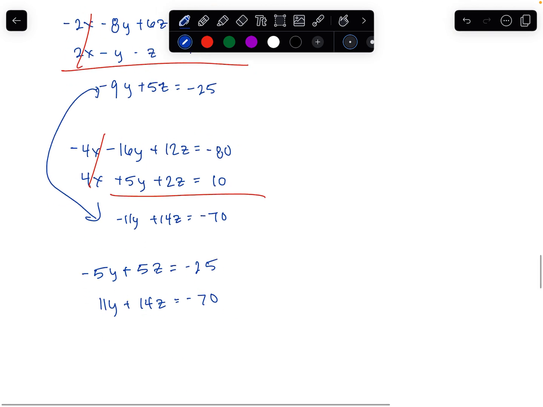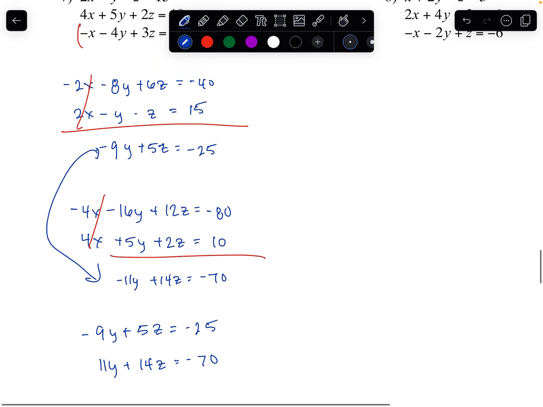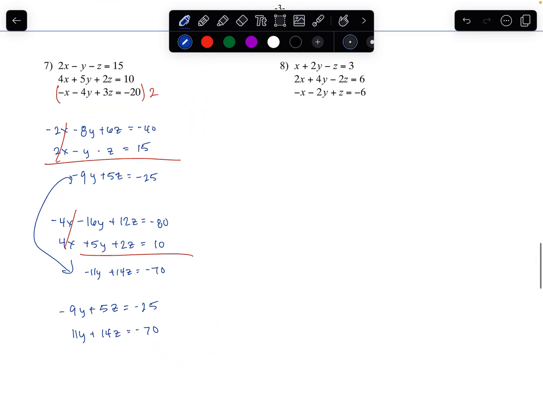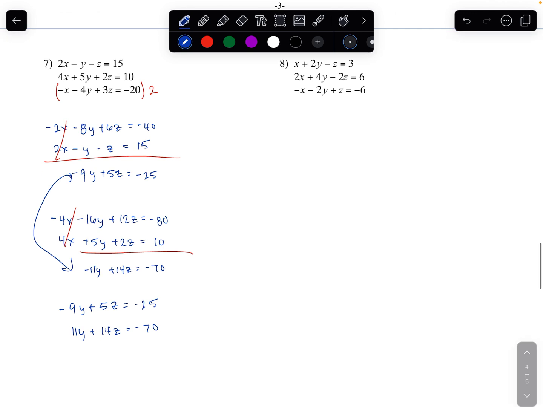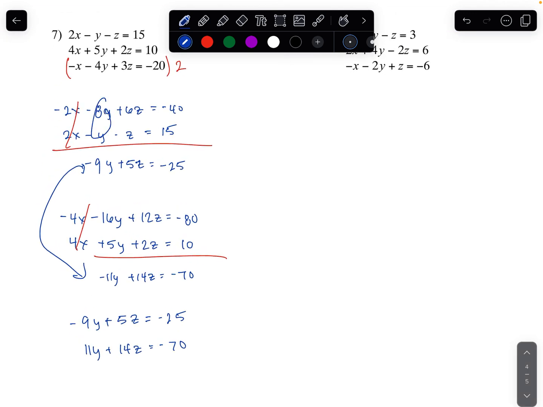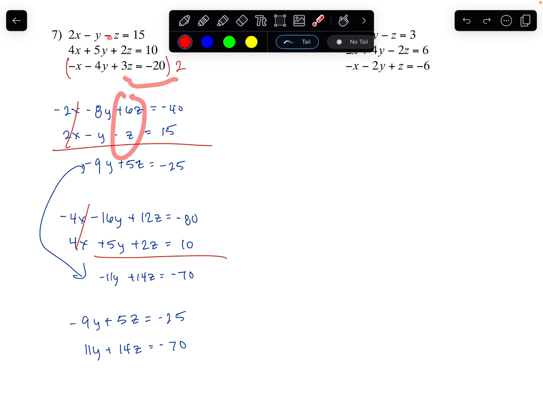Negative 9y. Whew. So sometimes when you see large numbers, maybe you did something wrong. That's negative 9y, right? Those did cancel. That became 6 negative z.